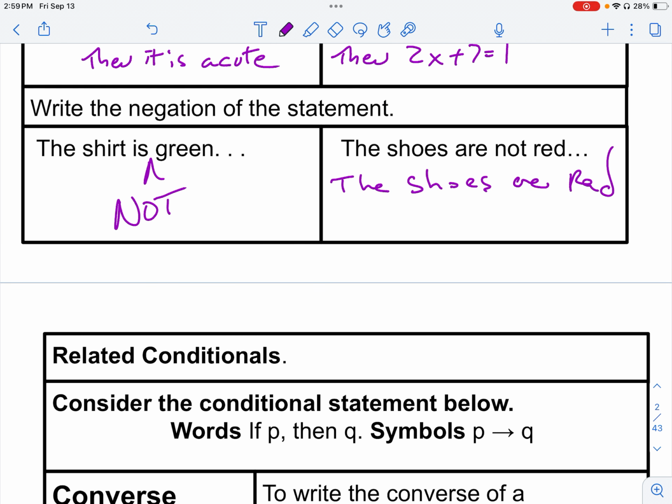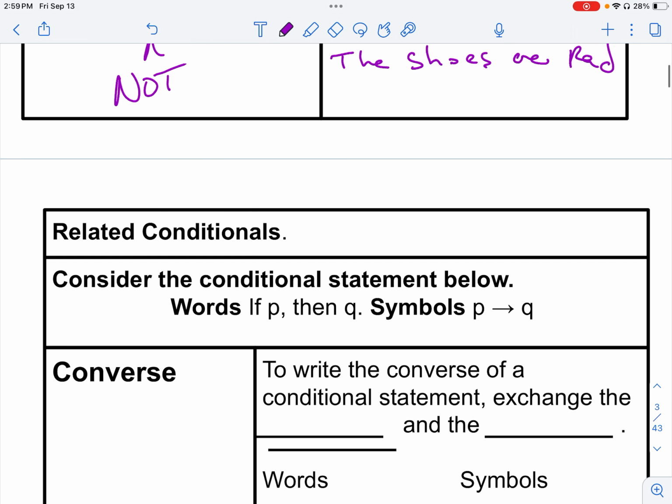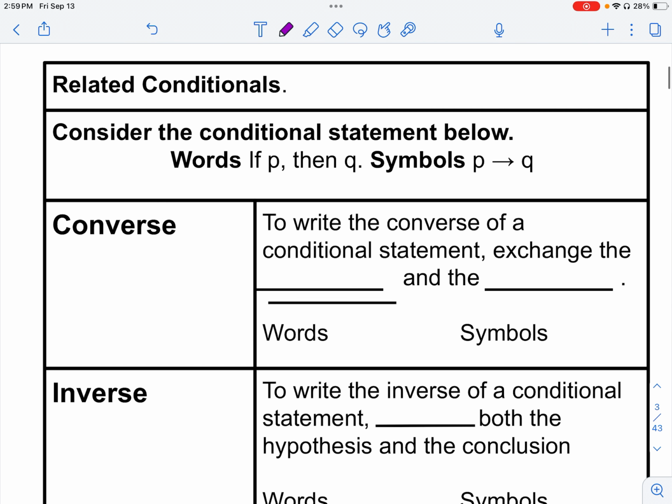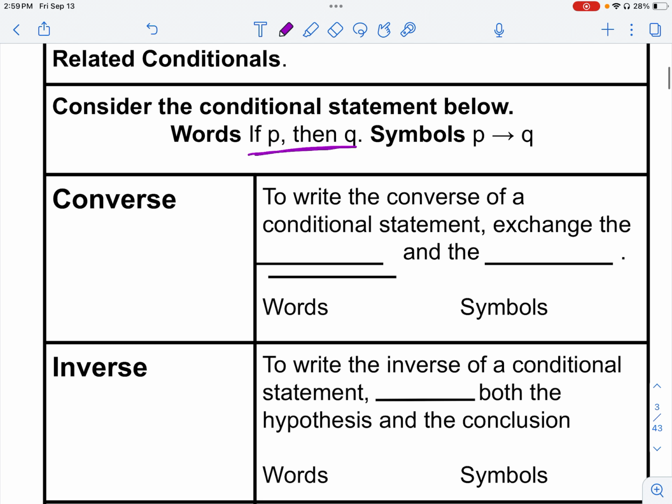But there's more. We have related conditionals. And these are conditionals that are related to our original conditional statement.